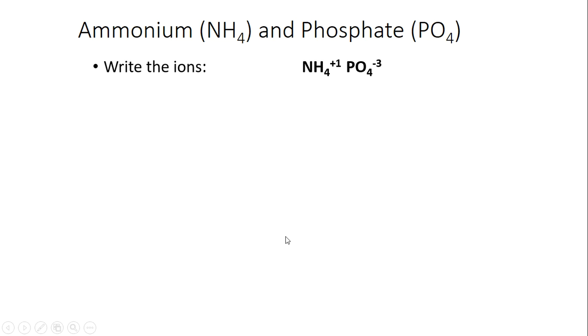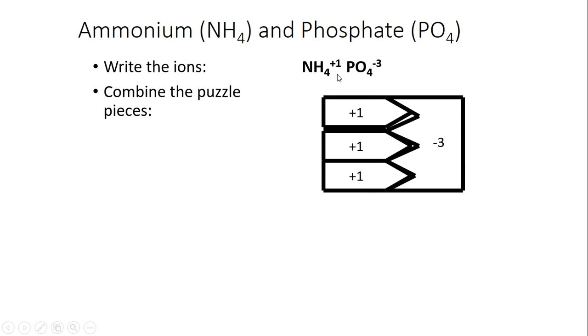All right, so the same thing goes with ammonium phosphate. Ammonium is this whole group and it has a +1 charge, and phosphate is this whole group and it has a -3 charge. Just like with potassium, it would require 3 of these. So we need 3 +1s to cancel out the -3 to get to 0.